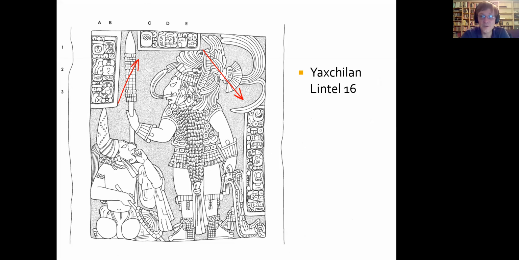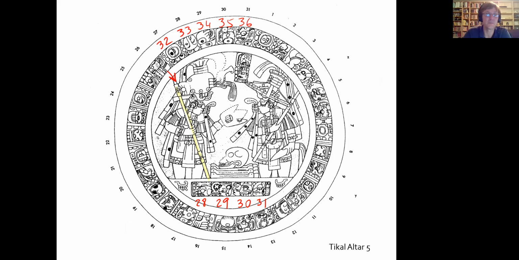But the scribes do get playful a bit sometimes. So here you have a lintel, but the text kind of wraps around the main character. Here, there is a section that is in a circle along the rim of the altar, but there is also a small part that continues.